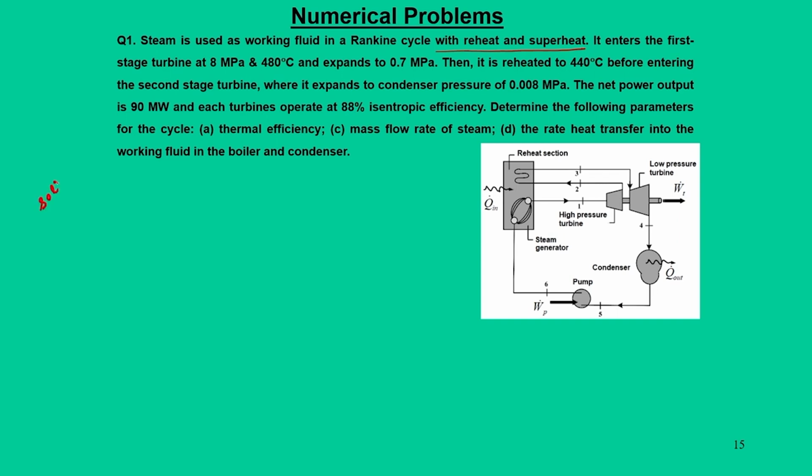So, the problem says that the steam enters the first stage of the turbine at 8 megapascal and 480 degrees centigrade, and it expands to 0.7 megapascal. So, let me redraw the thermodynamic cycle. In a T-S diagram, we first define the states.